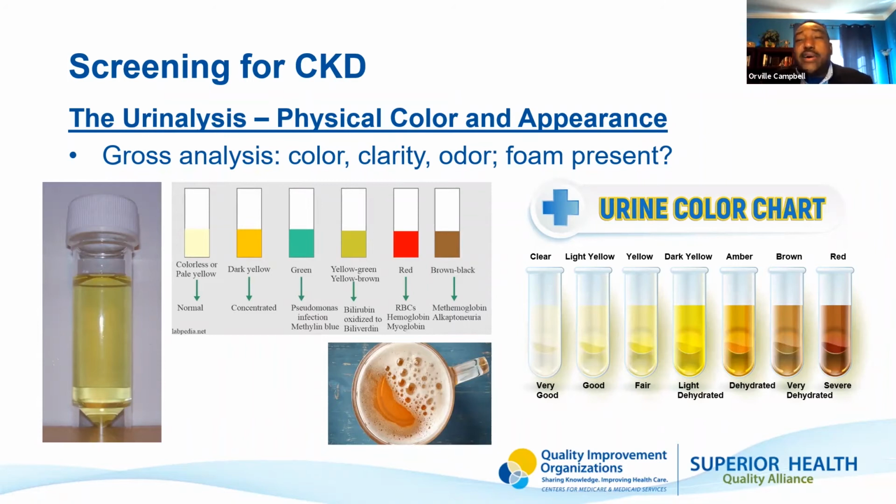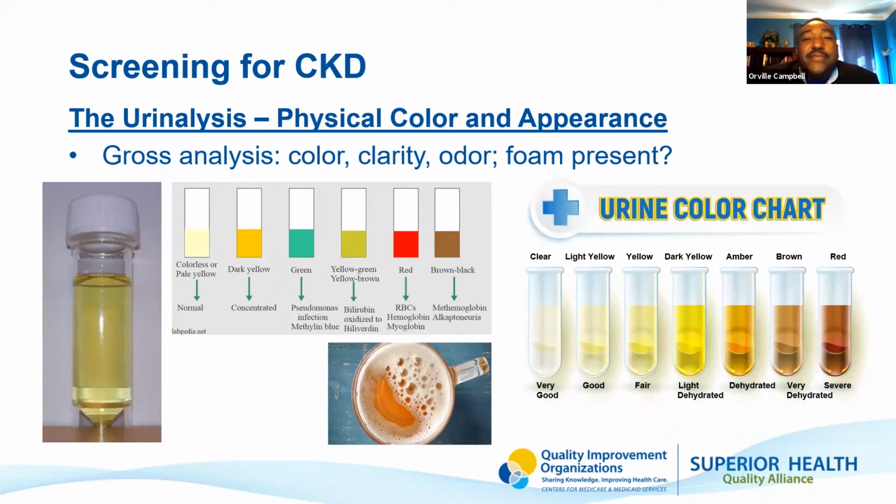Causes of rhabdomyolysis could be as simple and ominous as drinking too many energy drinks. We've seen college kids have a lot of destruction of their muscles from energy drinks due to caffeine. And brown and black could mean methemoglobin and other rare things in the urine, so we won't go into that.